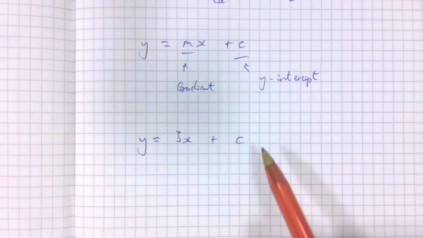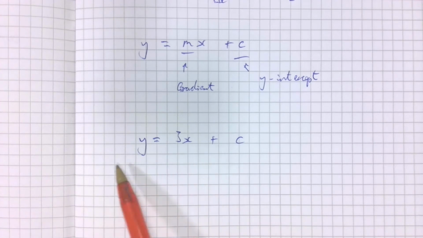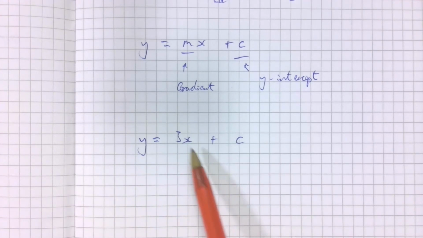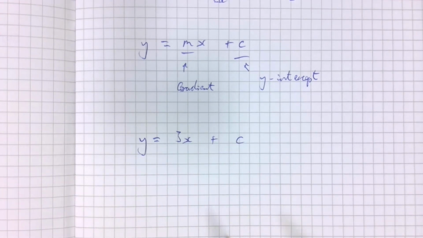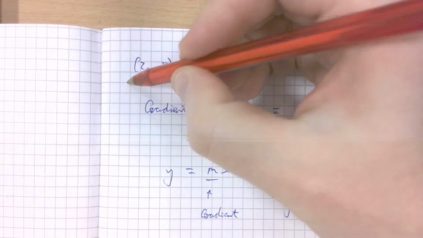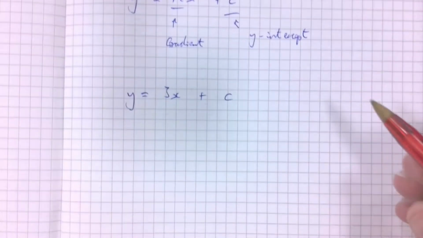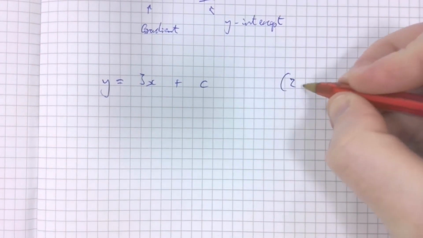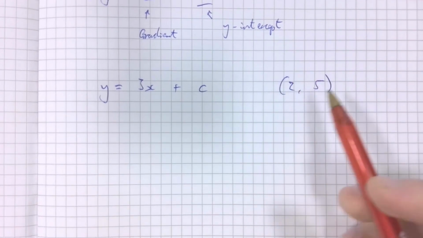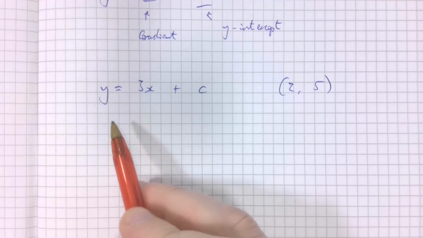Okay, so we're already nearly there just by finding the gradient, because we know that y and x just stay where they are. We just need to work out what the value of c is, and then we've got our line equation. So let's grab a coordinate from above. Why not this one? It doesn't matter which one, but (2, 5), the numbers are smaller, easier to work with. So I'm going to take the coordinate (2, 5), and I'm going to substitute those numbers in for x and y.